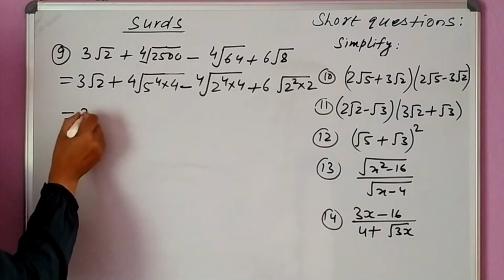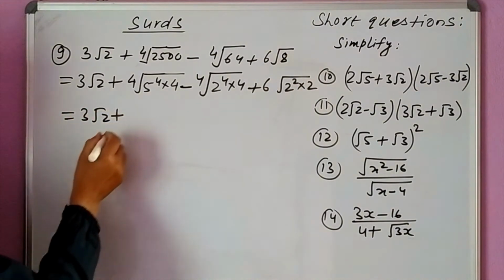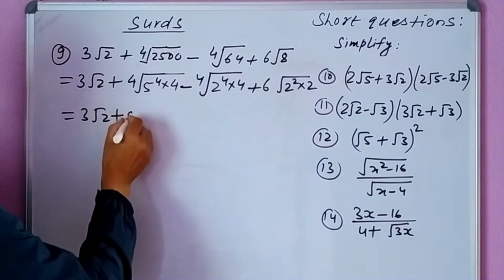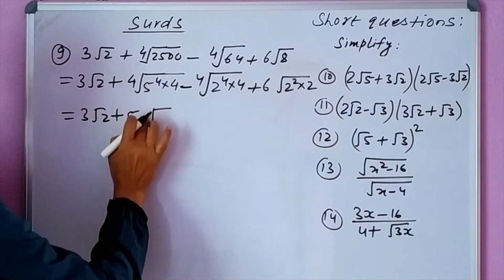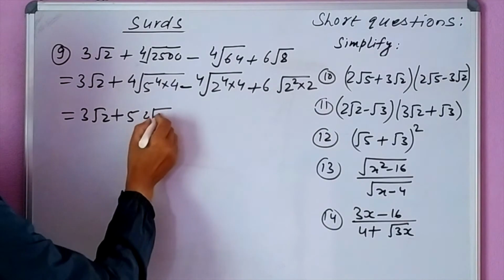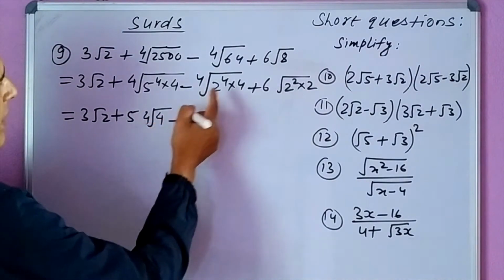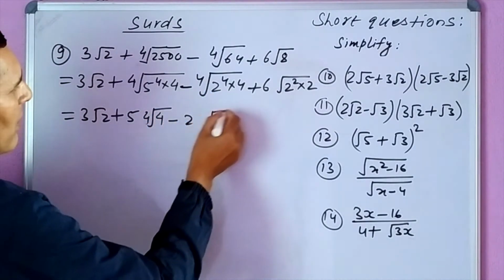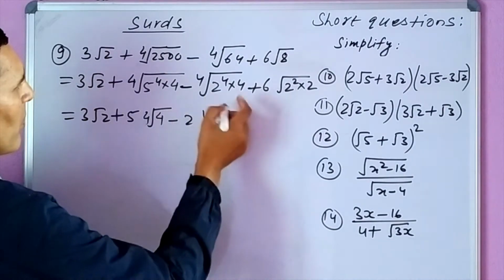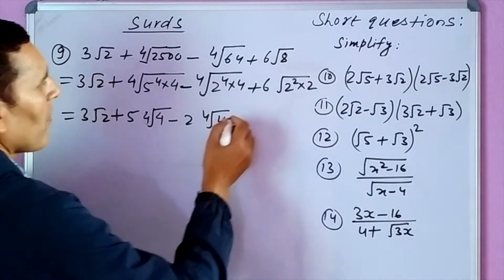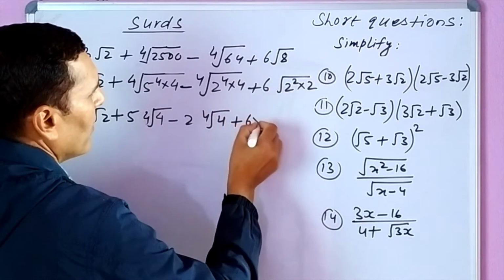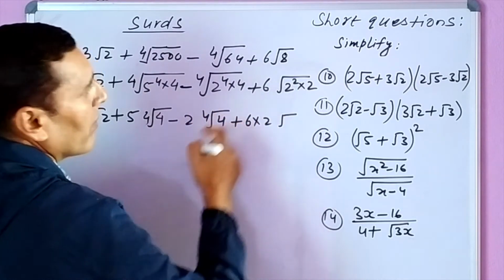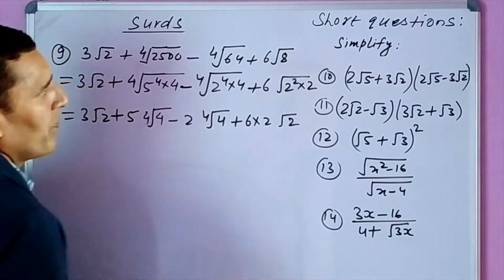Now it is 3 root 2 plus this 5 comes out, order of the root is 4, and radicand also 4. Here this 2 comes out, order of the root is 4, radicand again 4, and this 6 is the coefficient, 6 into 2, because the order of this root is 2.